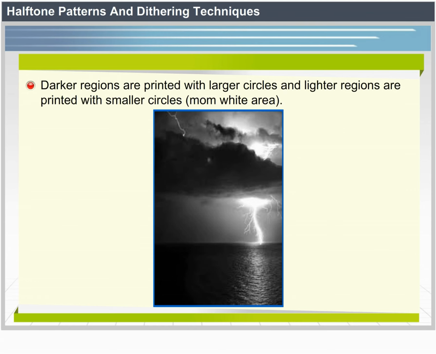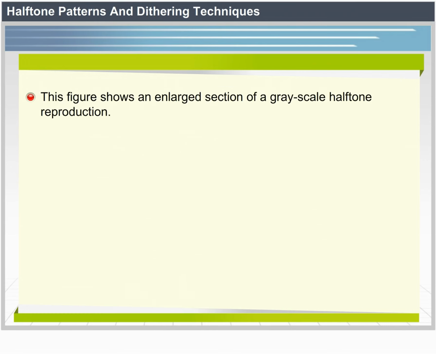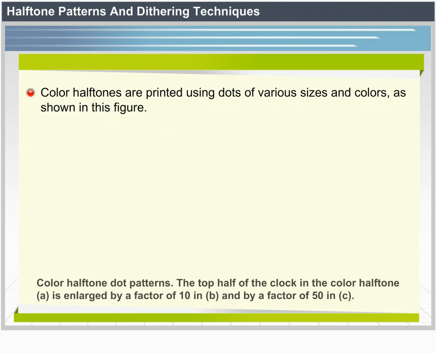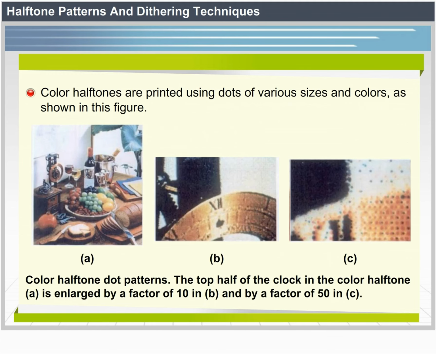Darker regions are printed with larger circles and lighter regions are printed with smaller circles, with more white area. This figure shows an enlarged section of a grayscale halftone reproduction. Color halftones are printed using dots of various sizes and colors as shown in this figure.